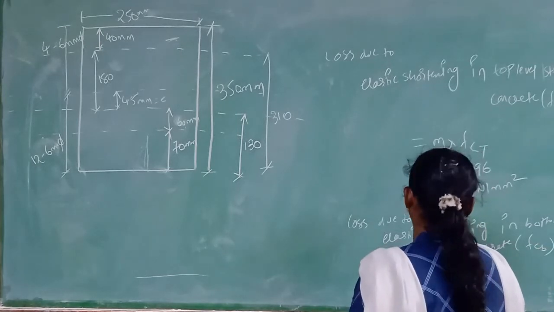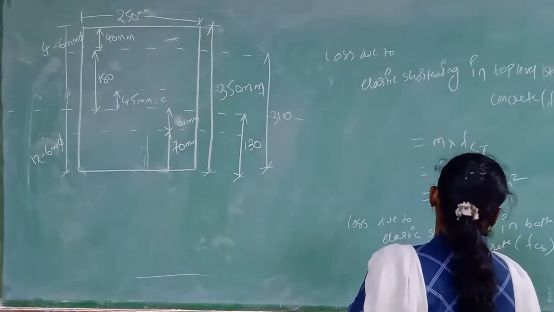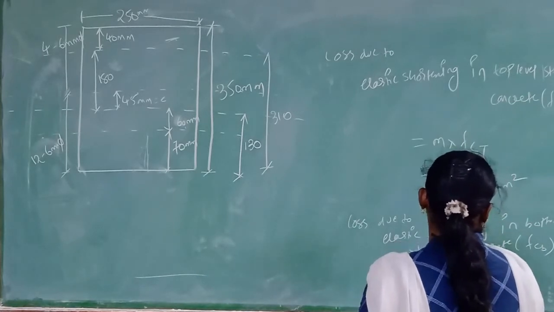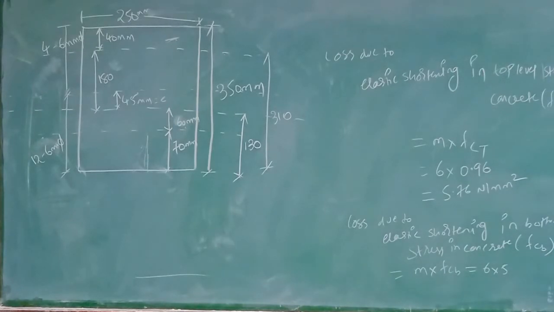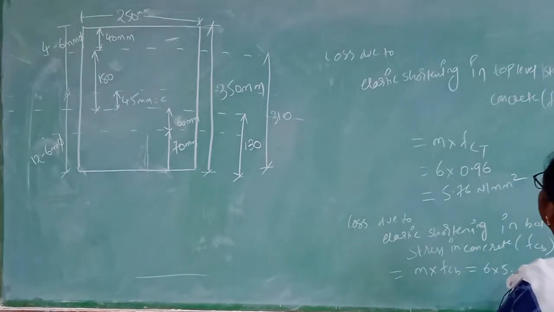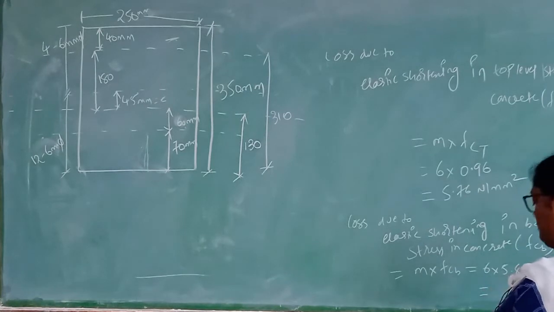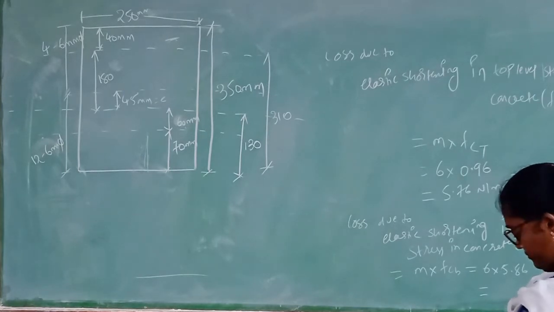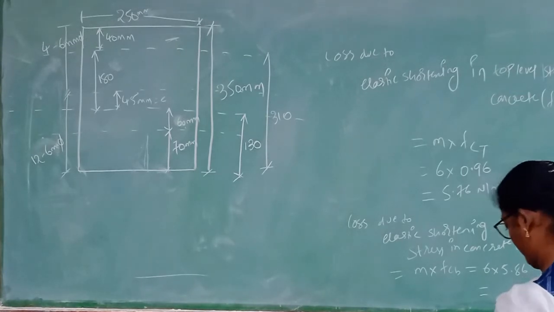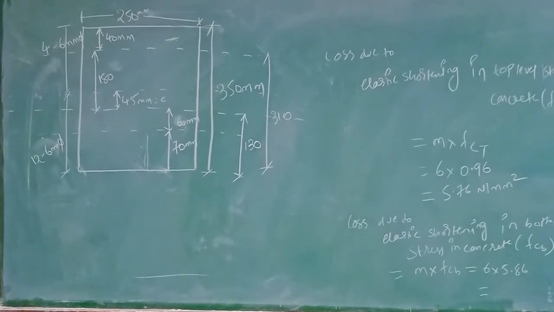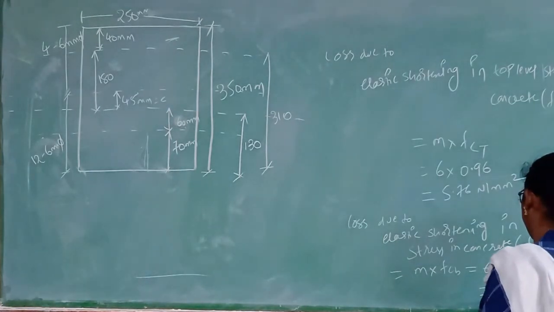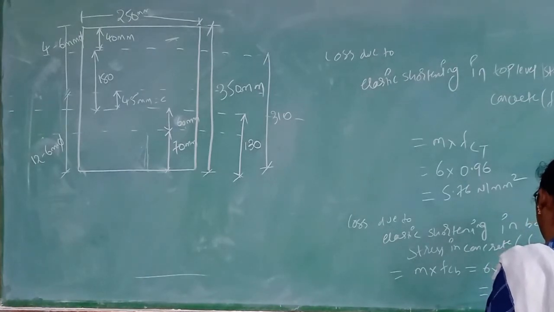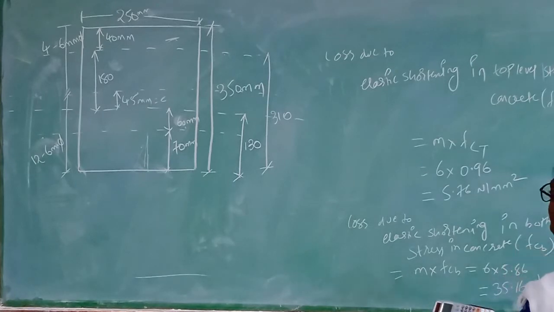How much are you getting here? 6 into 4.65. 35.16.